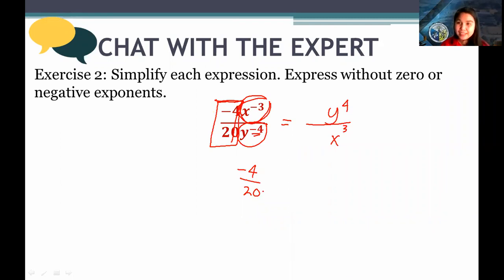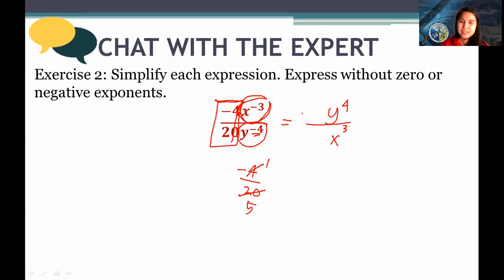You need to divide it by its greatest common factor, the GCF. The GCF of 4 and 20 is 4, right? So 4 divided by 4 is 1. So negative 1. Denominator, 20 divided by 4.